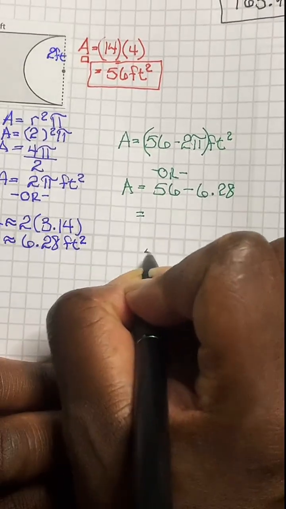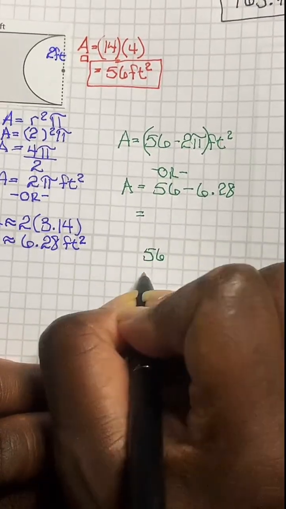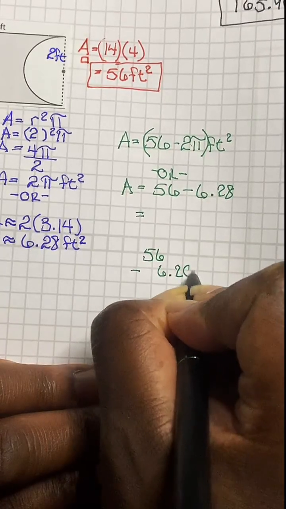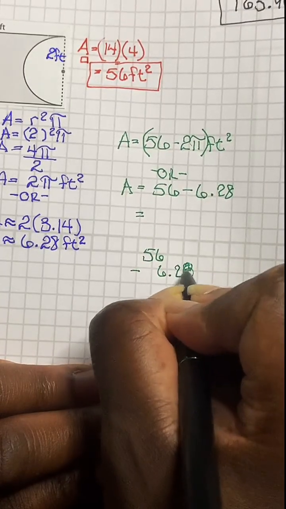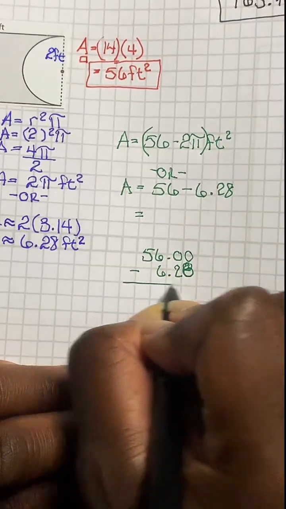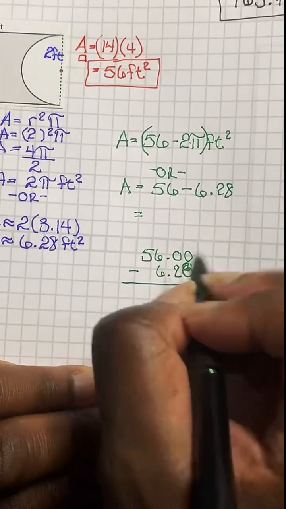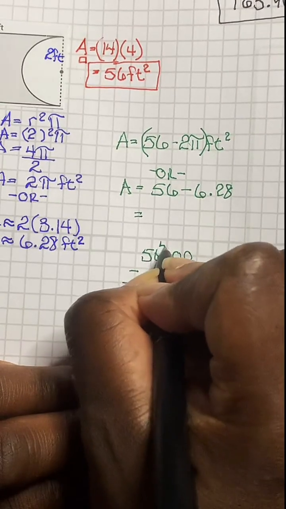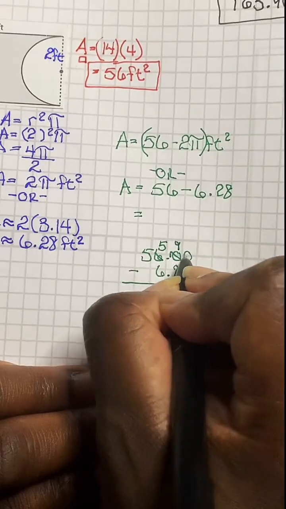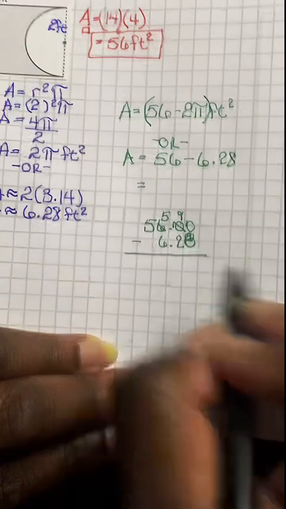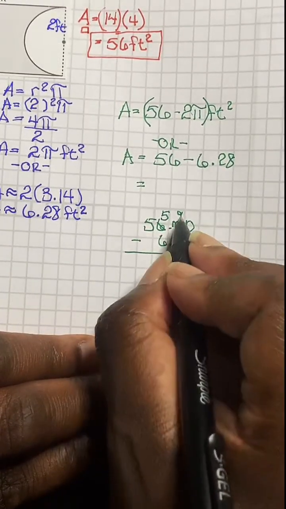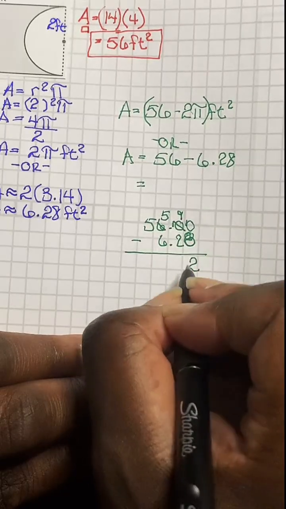All right, so remember, you have your 56, and you're subtracting your 6.28. That means we have to put those filler zeros in there. So we're going to borrow from the 6, make it a 5, make that a 10, borrow from the 10, make that a 9, then we have a 10. 10 minus 8 gives me 2. 9 minus 2 gives me 7.